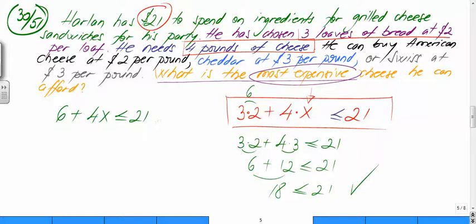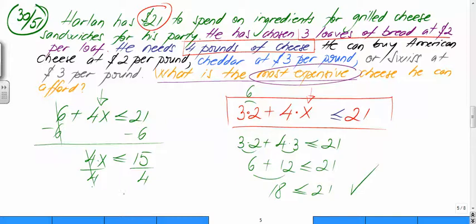To solve the inequality, you subtract 6 from both sides, because I want to keep my x by itself. 6 minus 6, nothing. 4x less than or equal to 15. If you divide now by 4, because you need to find x, you will find that x should be less than or equal to 15 divided by 4.